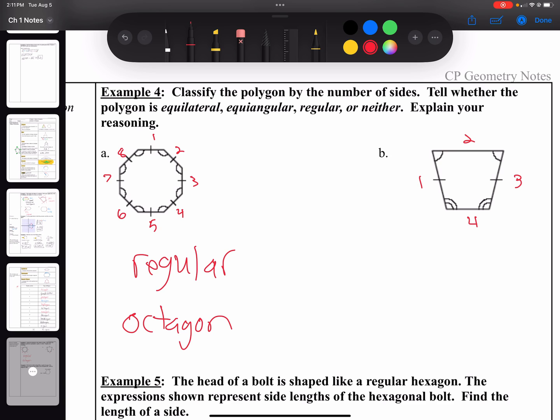Is it equilateral? Nope. Not all 4 sides are equal. Look at the angles. 1 mark, 2 marks. Not all the angles are equal, so it's not equiangular. So that is a quadrilateral, but it is neither equilateral, equiangular, nor regular.